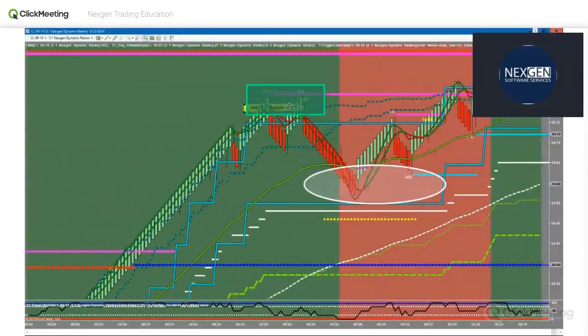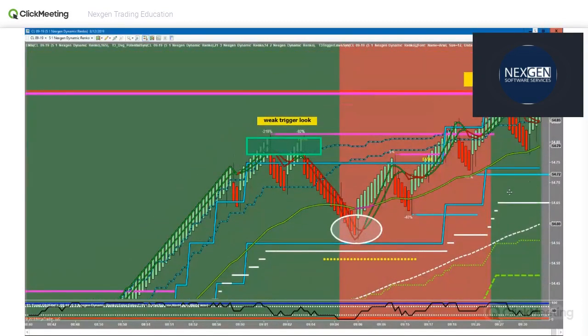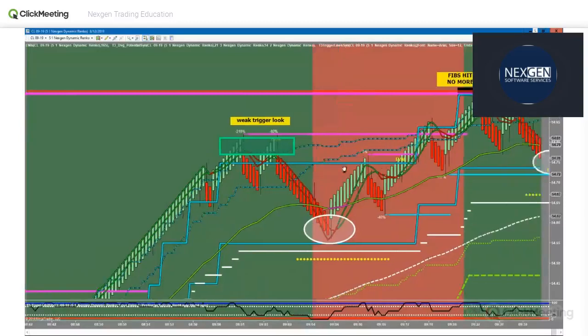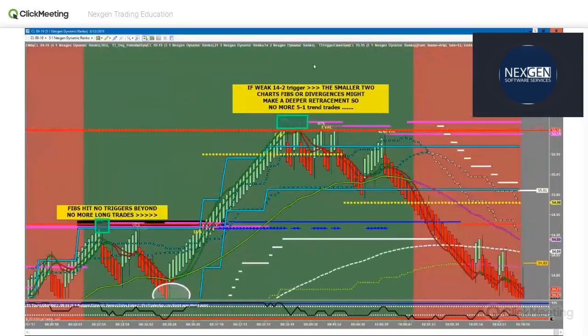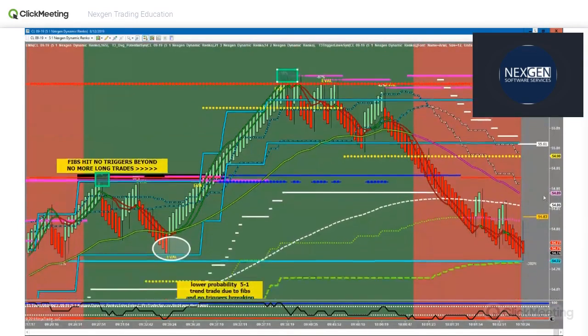The fibs didn't stop the market up here, so we did one more long over here. Many people did, and got away with it. The dynamics of the fibs right here said same situation, weak triggers, but because there were fibs and divergence, no more. And no more it was.